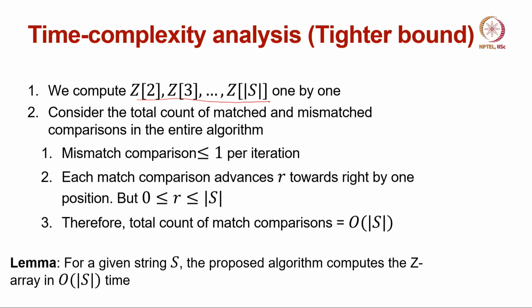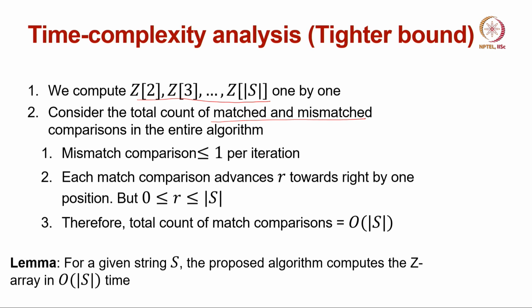What we are going to do to analyze the time complexity is to count the total number of matched and mismatched character comparisons throughout the entire algorithm. We will be counting them not iteration by iteration, but across all the iterations. So, what is the sum of matching character comparisons and the sum of mismatching character comparisons in the entire algorithm?